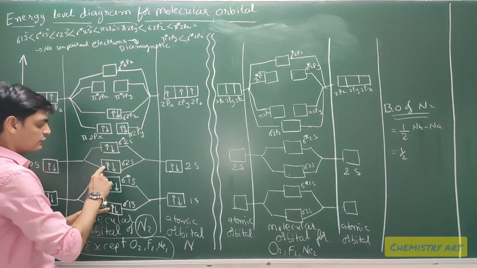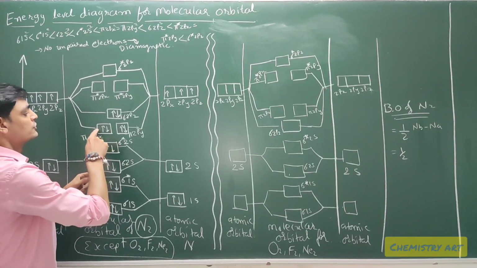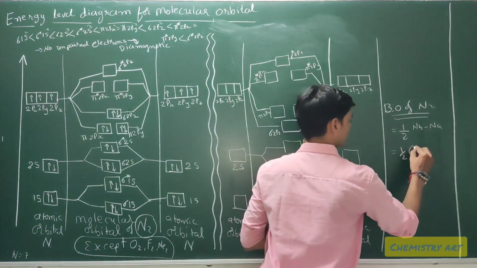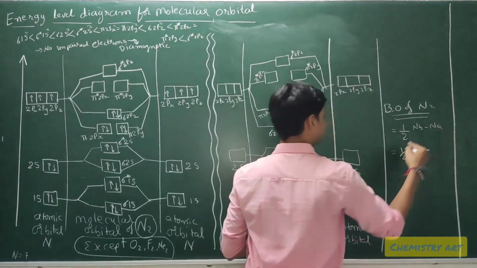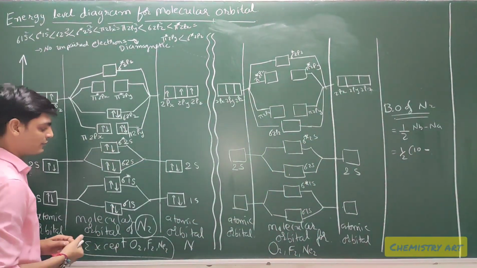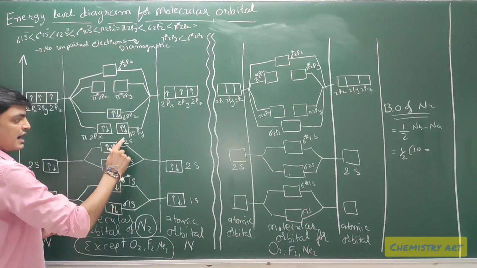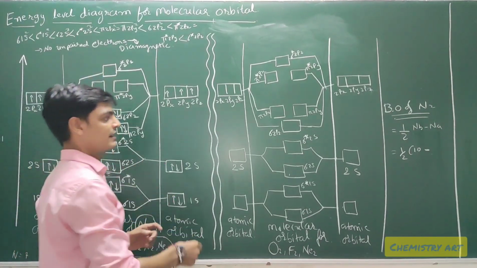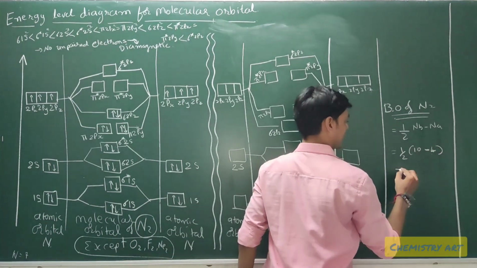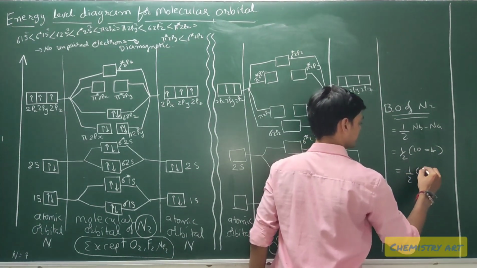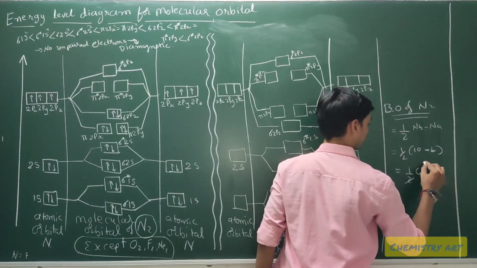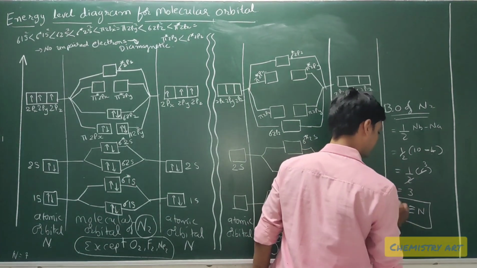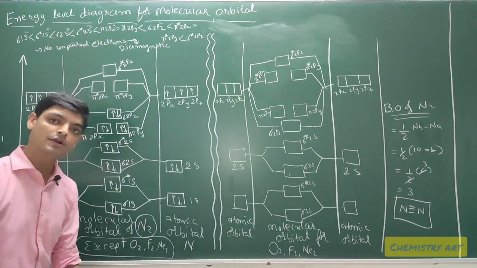So 2, 4, 6, 8, 10: one half into 10 bonding electrons, and anti-bonding Na is 4. Then 10 minus 4, and one half into 6, so the bond order will be 3. And as we know, nitrogen has a triple bond. So here you can calculate the bond order.